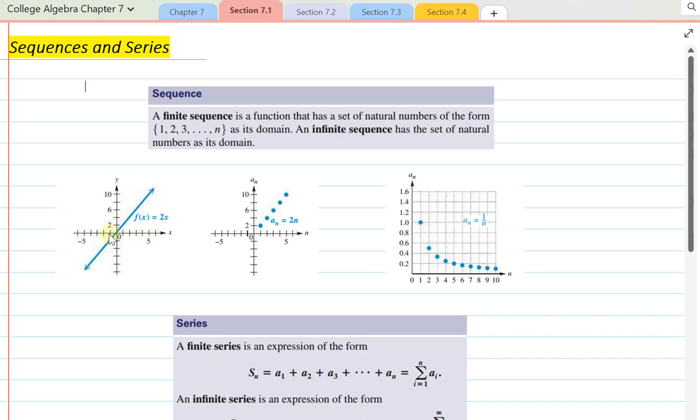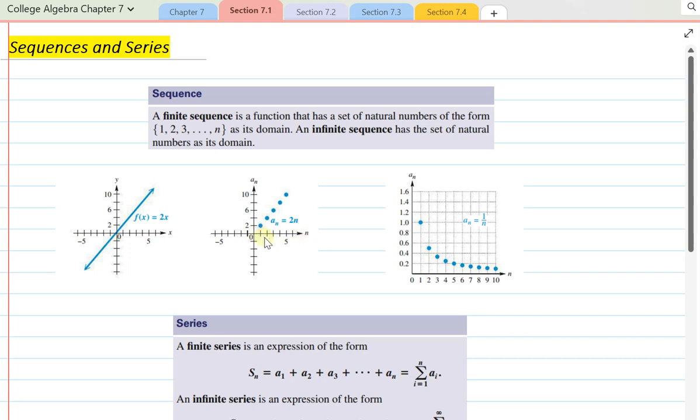Now we can create a sequence corresponding to f of x equal 2x. That's right next to it. But if you look at the graph now, notice you see these gaps between the dots, also on the x-axis, or I'm sorry, now the x-axis is the n-axis. This is just to remind us that the set is the set of natural numbers, the counting numbers.